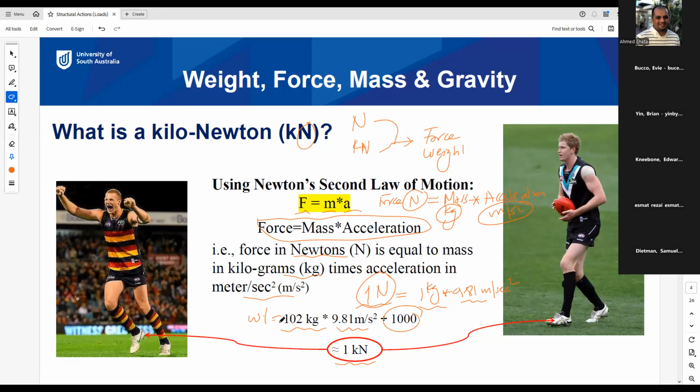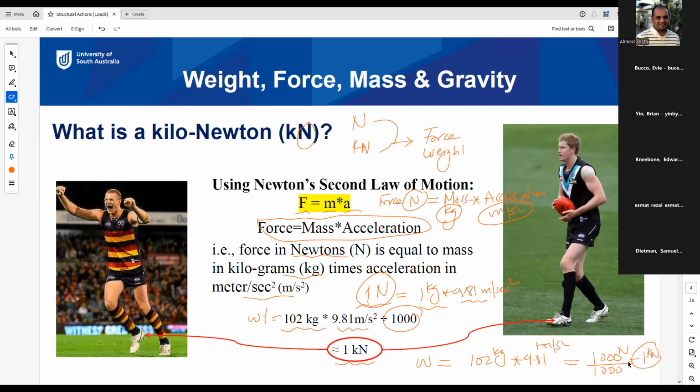If we do this calculation, the weight of the player is 102 kilogram times 9.81 meter per second square. This will give us a value of 1,000 Newton. To convert this 1,000 Newton to kilonewton, we divide by 1,000, so it becomes 1 kilonewton.